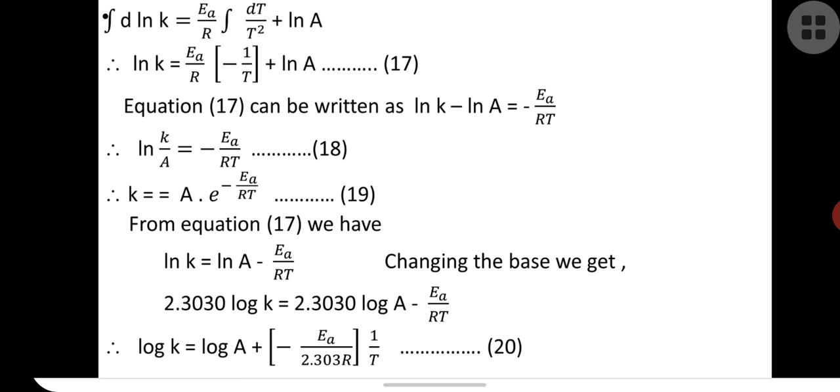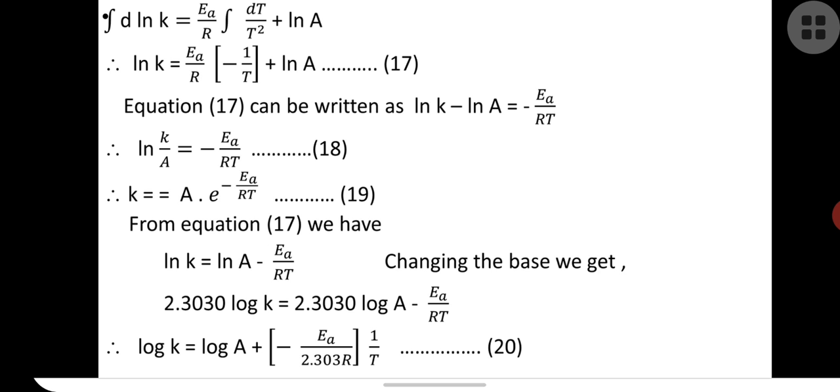By rearranging this equation again, k is equal to A into e raised to minus EA upon RT. From equation 17, we have ln k is equal to ln A minus EA upon RT.